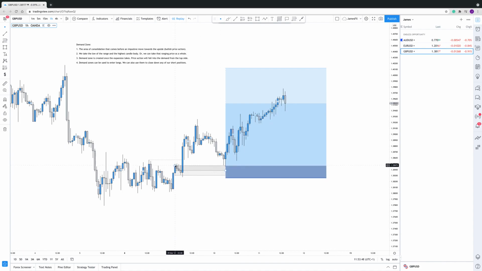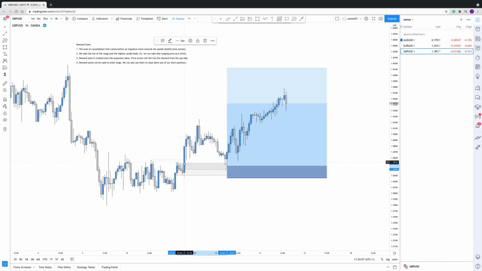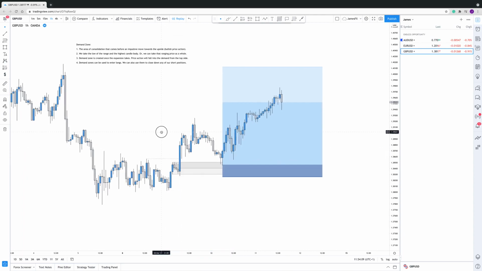So for me it would be the highest point, and then the wick, the lowest point. And again, not taking into consideration this wick, because this is the candle that actually broke with that expansion, okay, impulsive move. So this is our range 3.